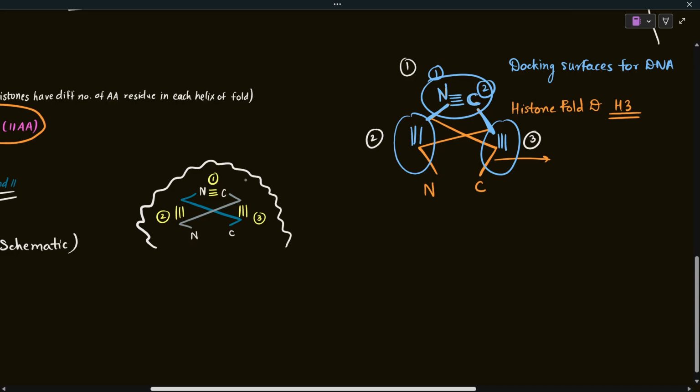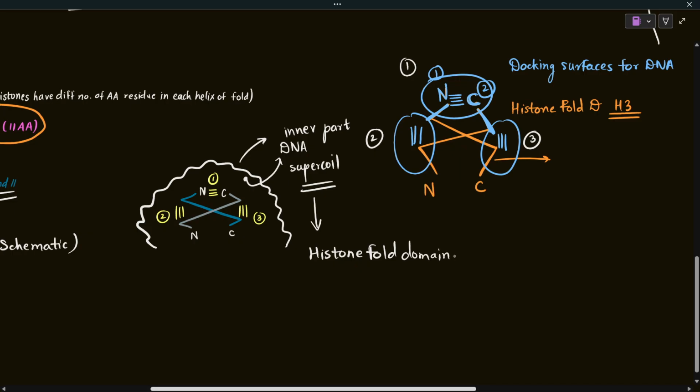This is the outer part, and this is the inner part of the DNA supercoil. The inner part of the DNA supercoil wraps itself around the three docking surfaces which are formed by the histone fold domain of core histones.